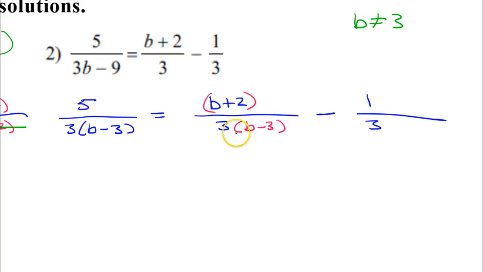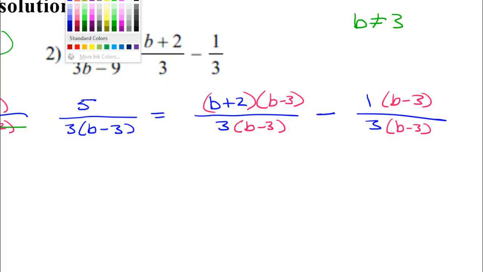I can add that extra b minus 3 in only if I do the same thing in the numerator. And I'll do the same thing here. B minus 3 and another b minus 3. Now the denominators are all the same. So I can cancel those denominators out now.